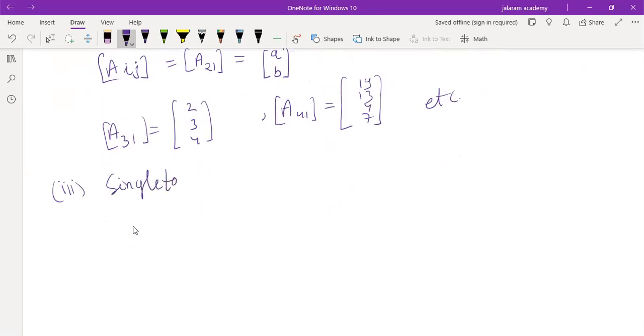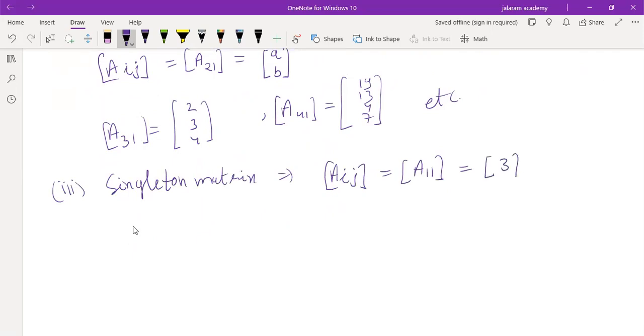Singleton matrix. Can you tell the meaning? Singleton matrix: having a single element, means its order will be 1 cross 1. It has only one element.